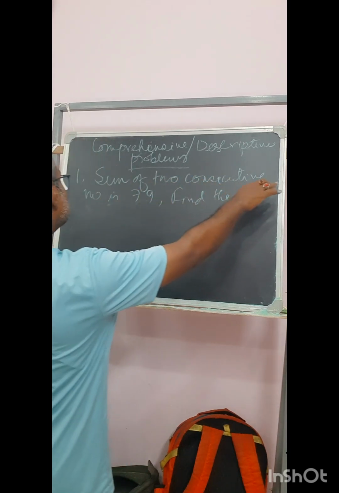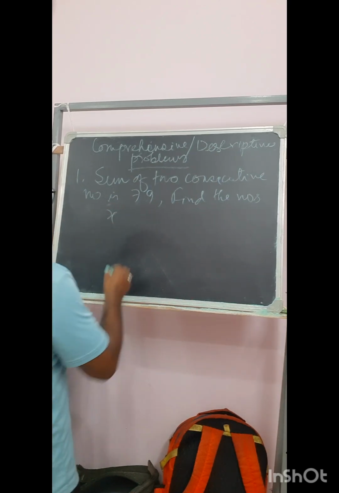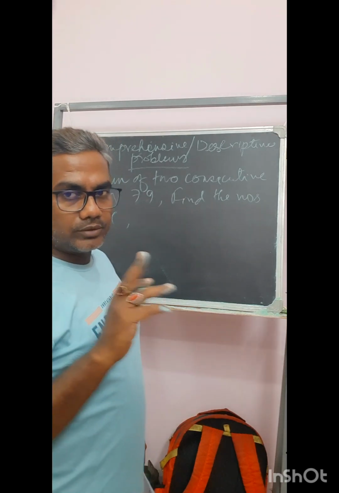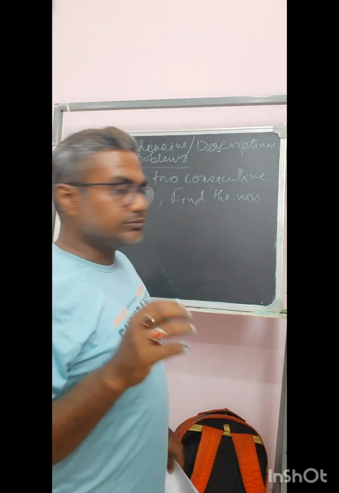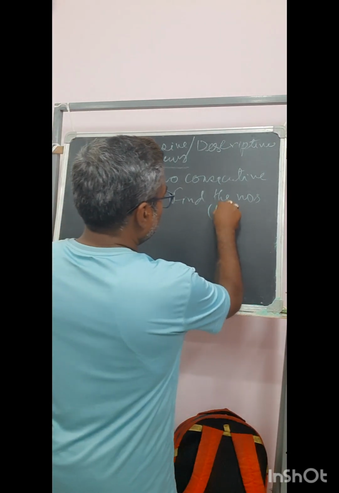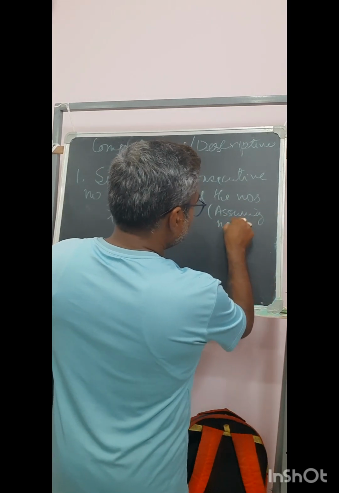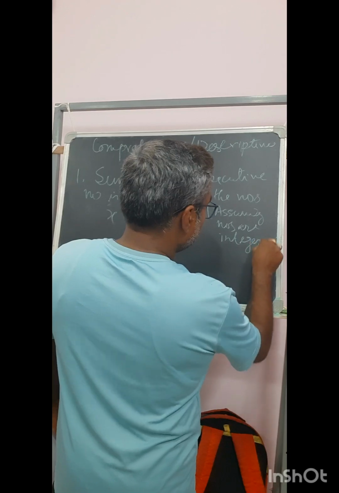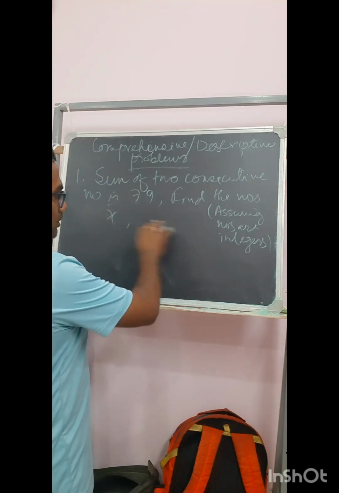The sum of the two consecutive numbers. So any consecutive number, let's say is x; the consecutive numbers differ by 1. If nothing is said, you have to assume that the numbers are integers.